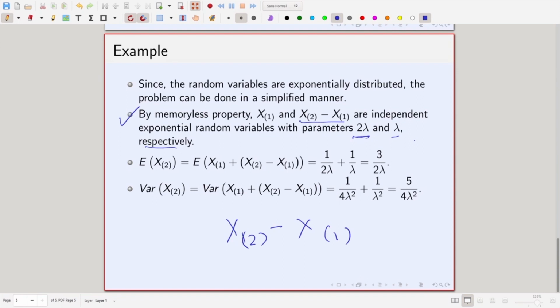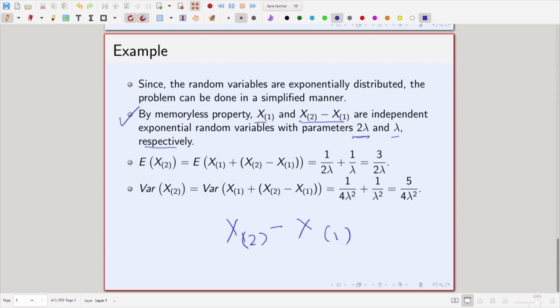If you think of X1 as the service time of the first customer to leave, then X(2) minus X(1) is just the remaining service time of the customer who is still in service when the first customer leaves. So this again is exponential with the original parameter, and also these are independent.